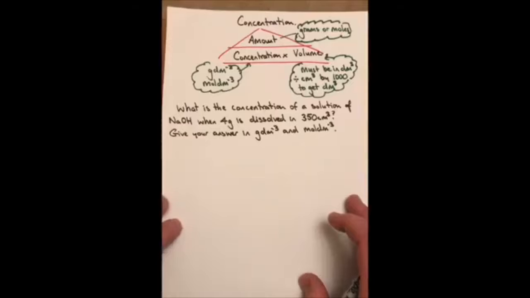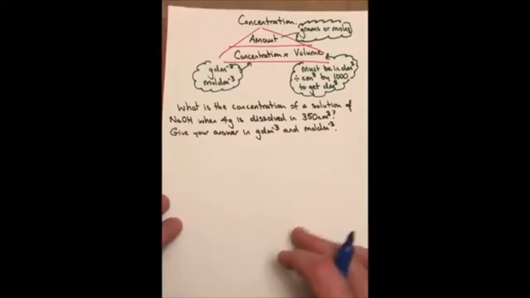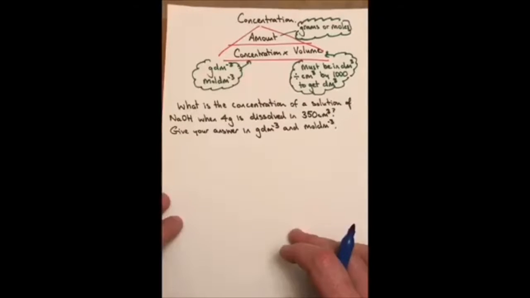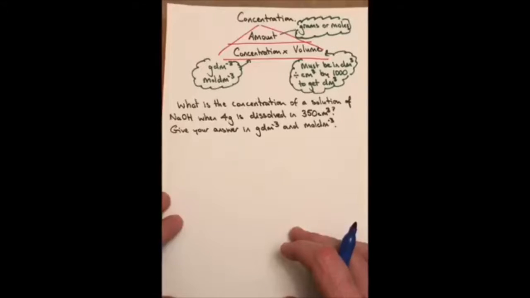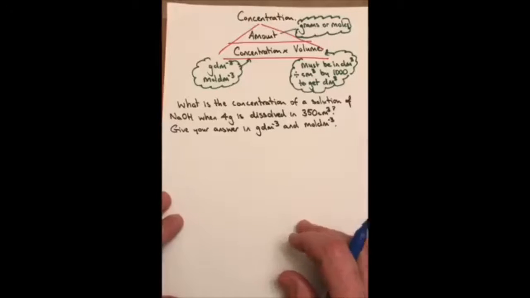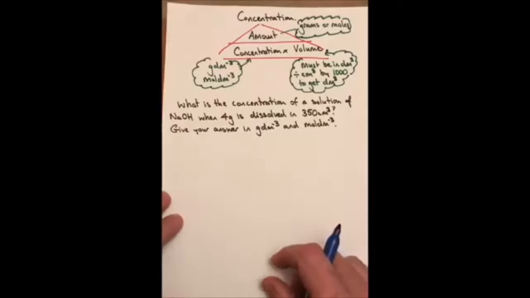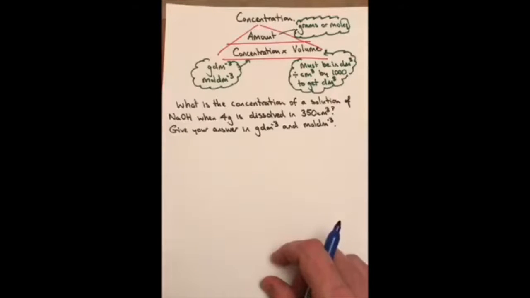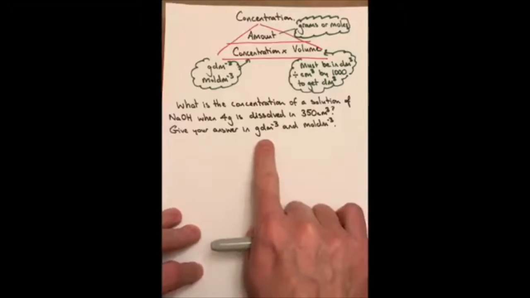So underneath here I've written down a question, and the question is asking us to find the concentration of a solution when we take 4 grams of sodium hydroxide and we dissolve it in a volume of 350 centimeters cubed. And it wants us to give our answer in two different units. One is grams per decimeter cubed and the second one is moles per decimeter cubed. So let's start by working the concentration out in grams per decimeter cubed.